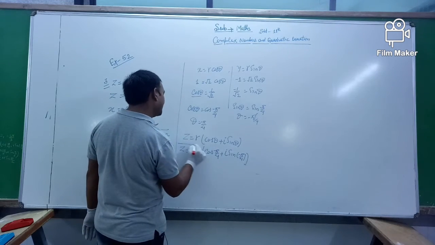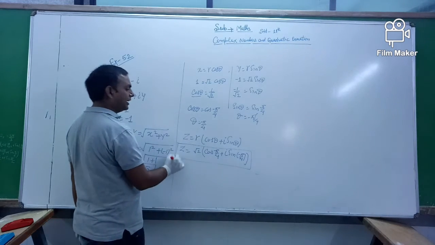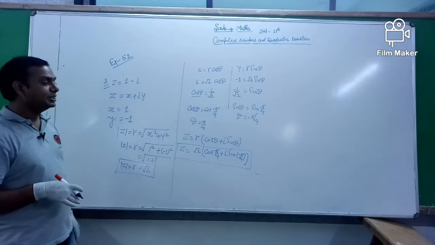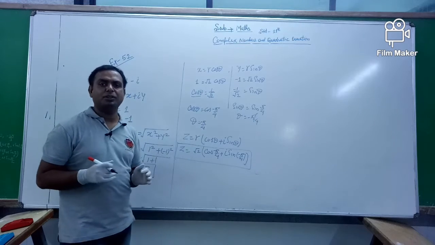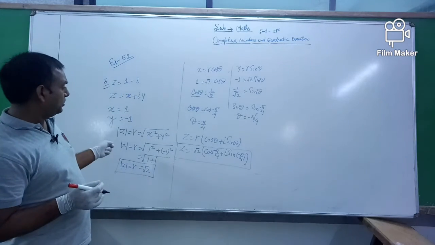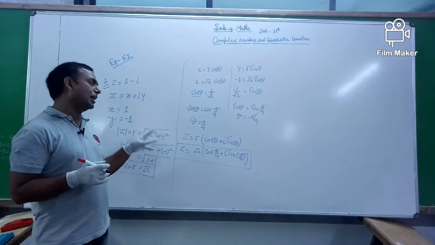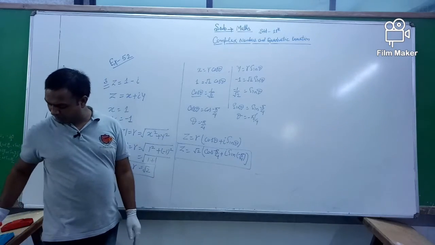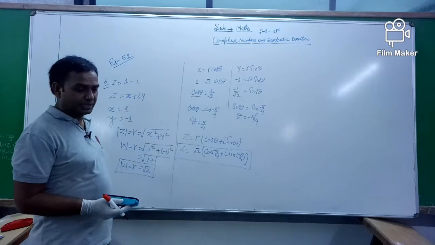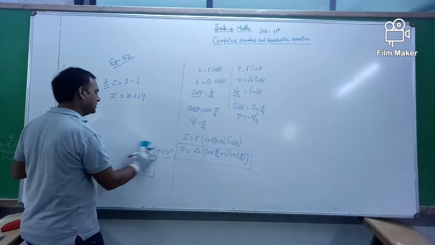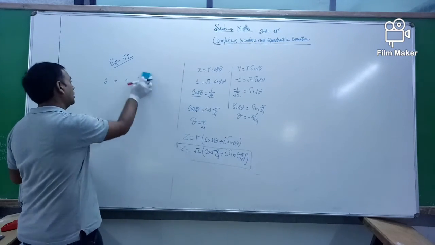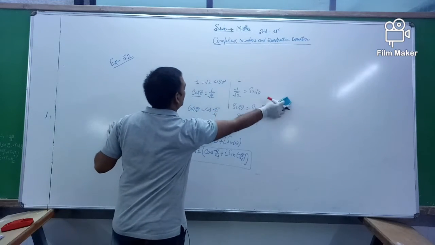That is the polar representation of the complex number, how you can represent into the polar form. So this is a polar representation of any complex number. Okay, so you apply this method, you can solve how to represent any complex number into the polar form, right? Another example I will also solve related to this.